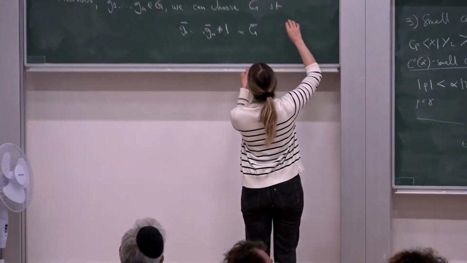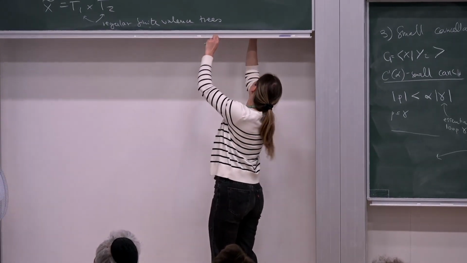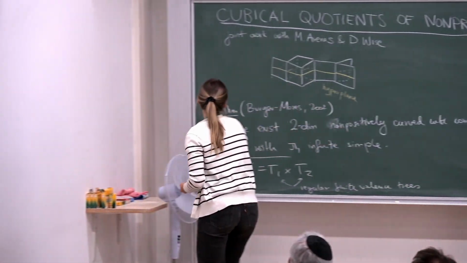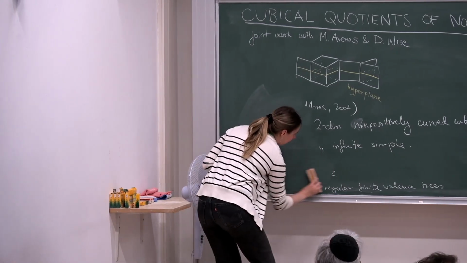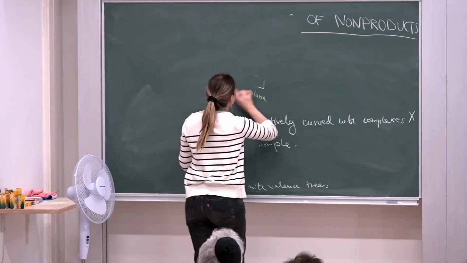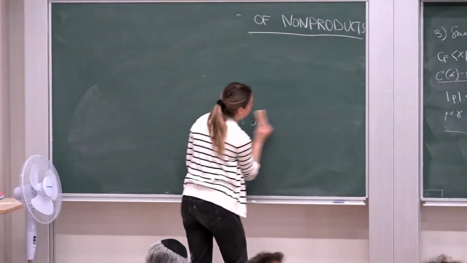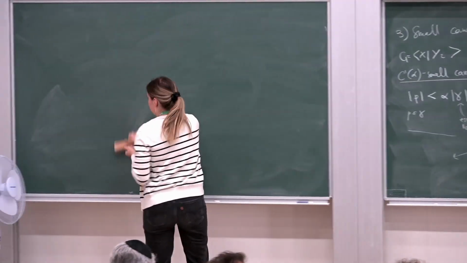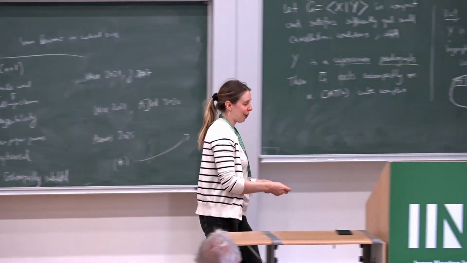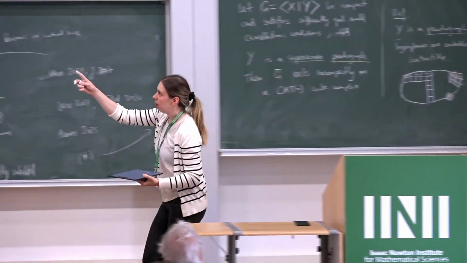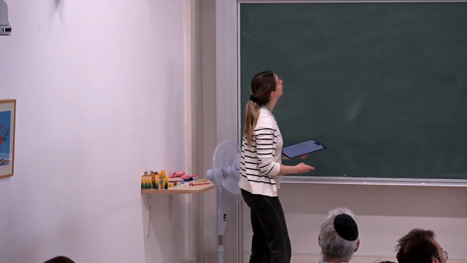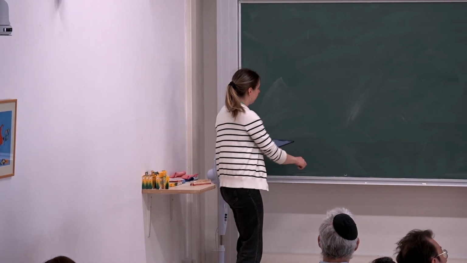And so in our original theorem, I'm going back now to the original theorem, where we assume that we have a compact non-positively curved cube complex X that is a non-product.